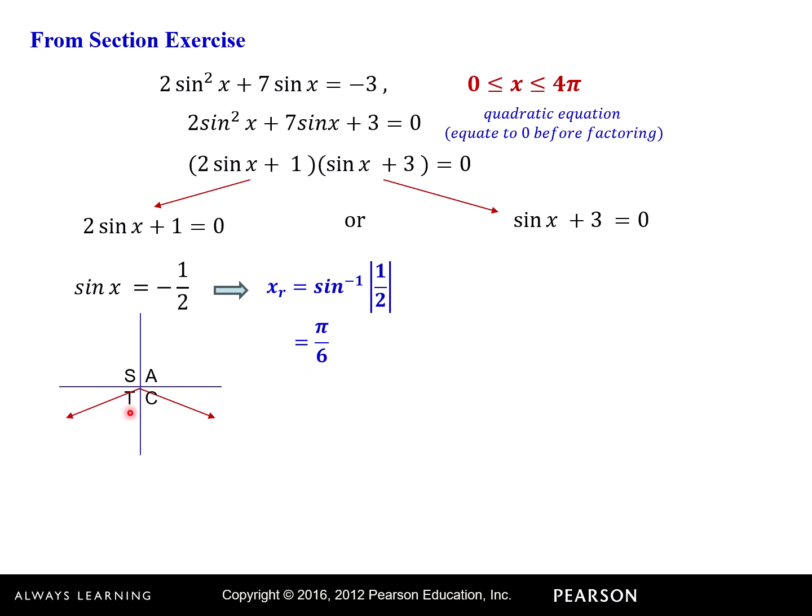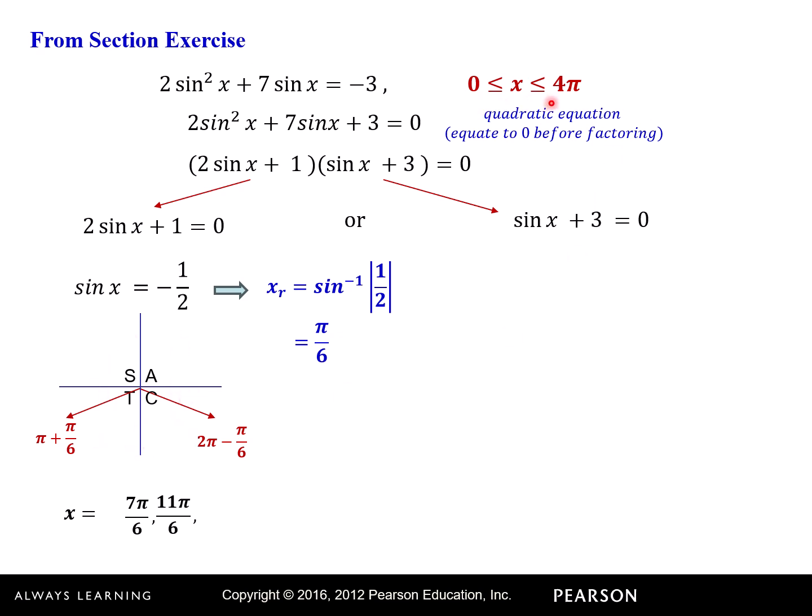So we can now identify the angles here by using this reference angle. The angle in the third quadrant is pi plus the reference angle because the angle is more than pi. And then the angle in the fourth quadrant, since it's less than 2 pi, is 2 pi minus the reference angle. So we can just simplify these two angles. The angle x is equal to 7 pi over 6, and another one is 11 pi over 6. These two angles are the solutions from 0 to 2 pi, or 1 revolution.